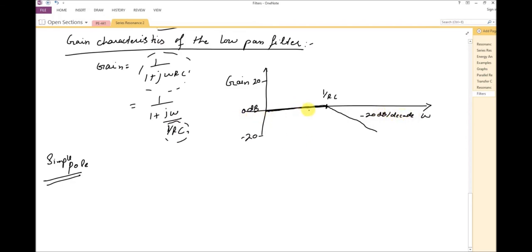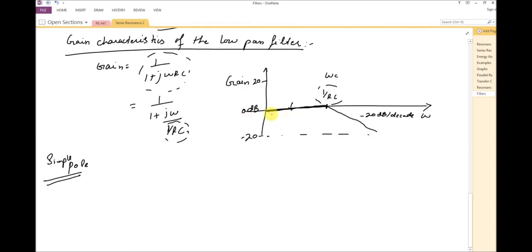So before the corner frequency, which is controlled by the values of resistor and capacitor, there is a low frequency asymptote, this one. This is a straight line. Till 1 over RC it is equal to 0 dB, and after 1 over RC it will start decaying at the slope of minus 20 dB per decade.